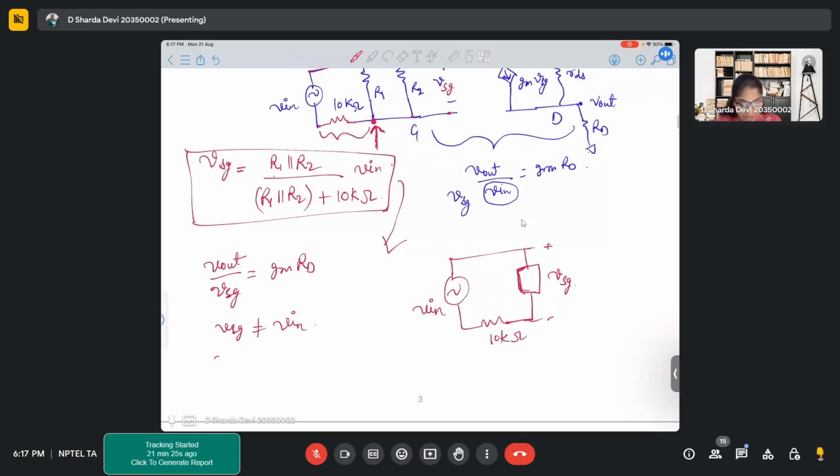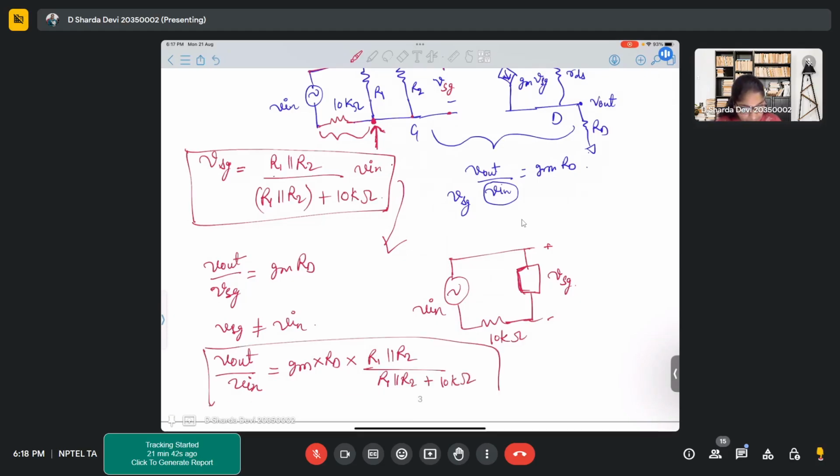So for this particular case, our V out by Vin is GM into RD into R1 parallel R2 upon R1 parallel R2 plus 10K. Is this clear to everyone how we arrived at this particular formula? Any doubts with this formula?